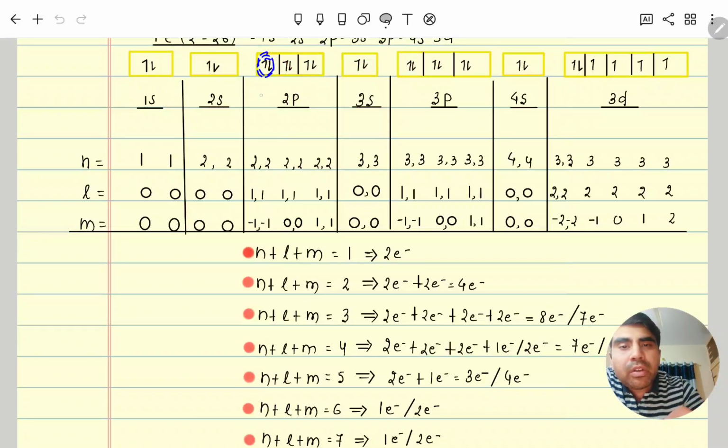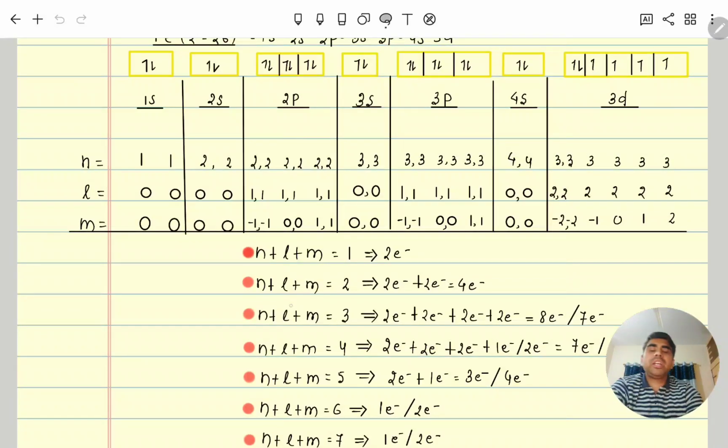If l value is 1, m value will be minus l to plus l including 0. So minus 1 is for these 2 electrons, 0 for these 2 electrons and plus 1 for these 2 electrons. Similarly for the other p orbitals.